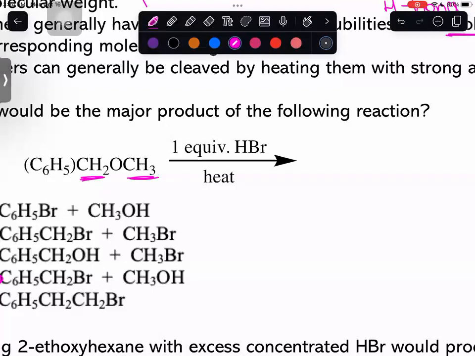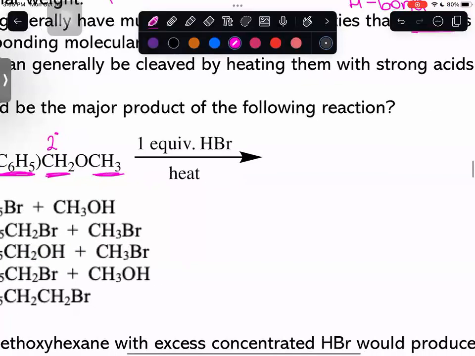The one on the left, what's the degree? Primary, secondary, tertiary? Left side. It's just secondary. What's that in parentheses? Exactly, it's just benzene. Okay, so please remember that. It's going to look like this.